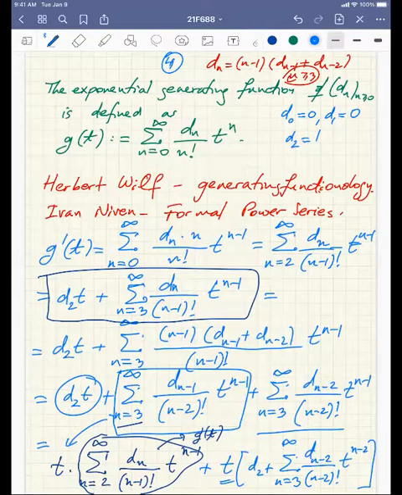And here, this is a t, and the sum that we have over here gives us g of t. So we should get g of t over here.